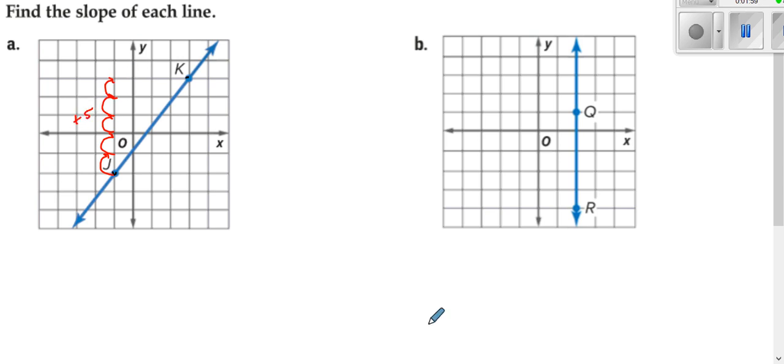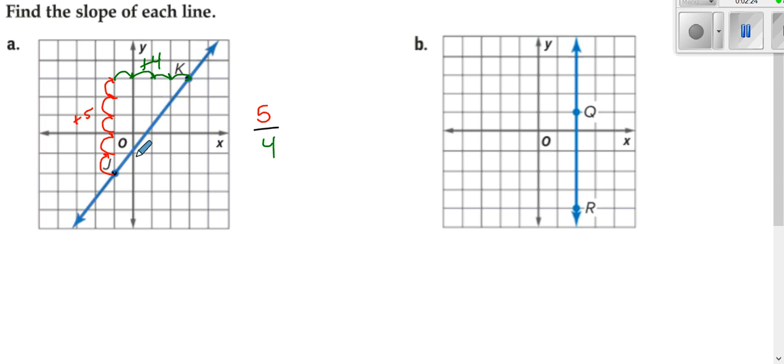And then the run, 1, 2, 3, and 4. So if we do rise over run for this slope, the rise being a positive 5, the run being a positive 4, that would be my slope for this line.